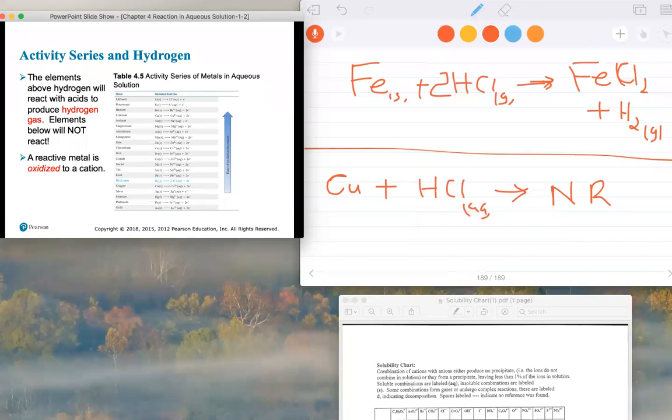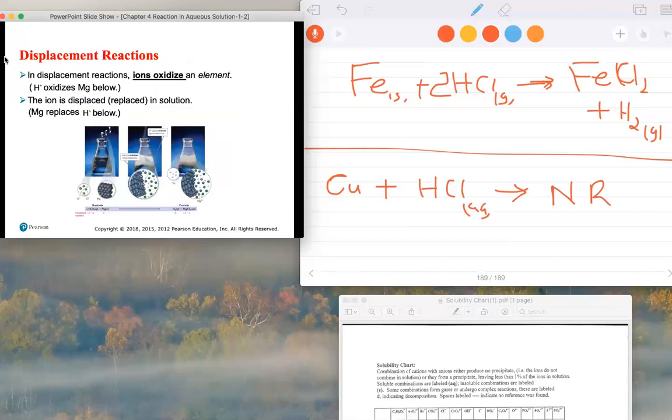So the reactive metal is oxidized. That means they will be made to lose electrons. Remember, oxidation is loss of electrons. Reactive metals are oxidized to cations. Look at calcium here, oxidized.